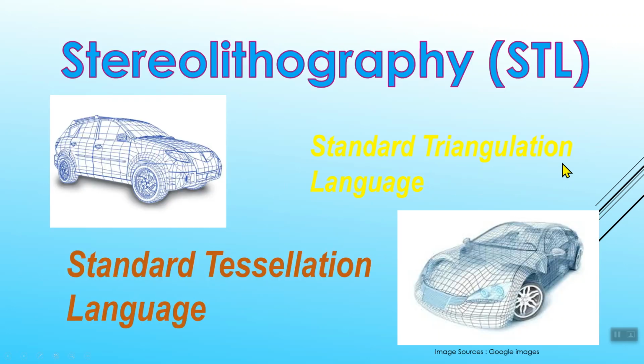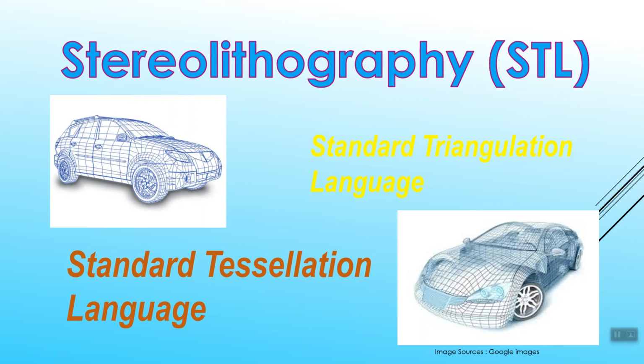This STL can be called stereolithography, or standard triangulation language, or standard tessellation language, or many more. But actually, what it does is convert the surface information into triangles.